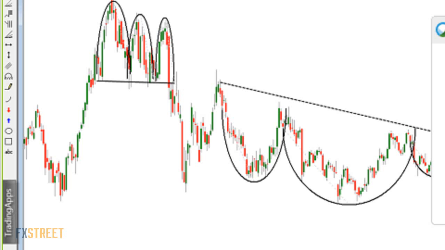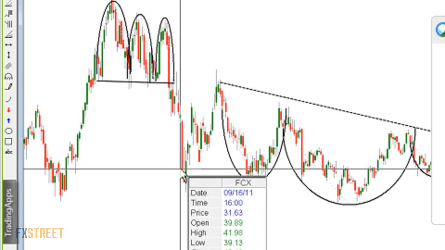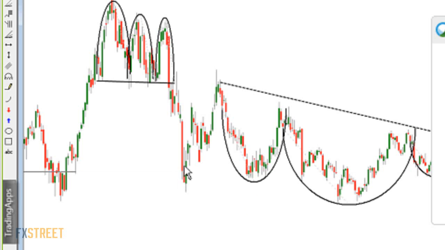And how far does it drop? 45 minus 14 would give you a target of what? 31. Boom. 31 is right here. 31 is right there.